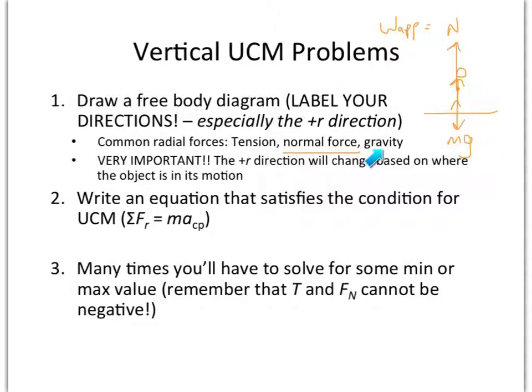Secondly, always write the net force. I usually write net force C, for centripetal, is equal to the mass times the centripetal acceleration. This is like Newton's second law, just modified for circular forces.